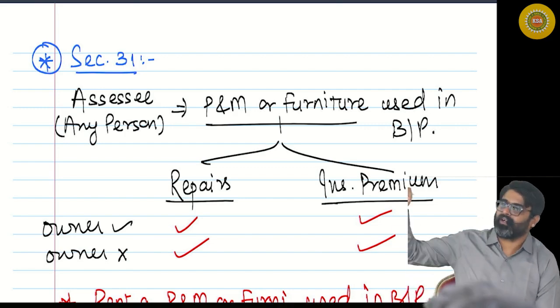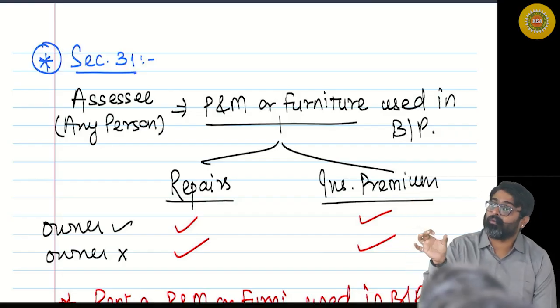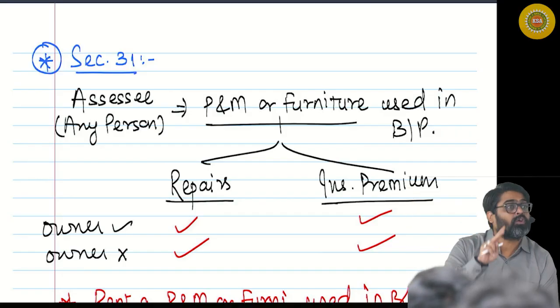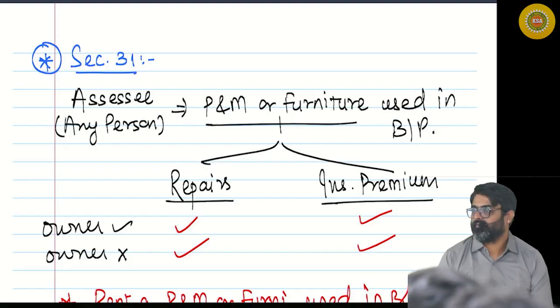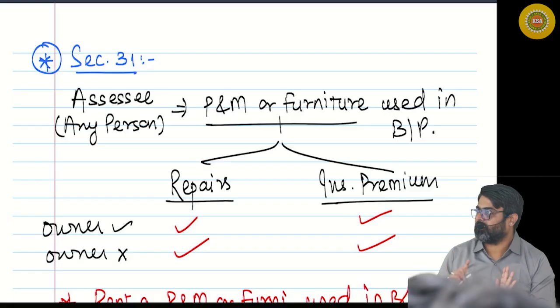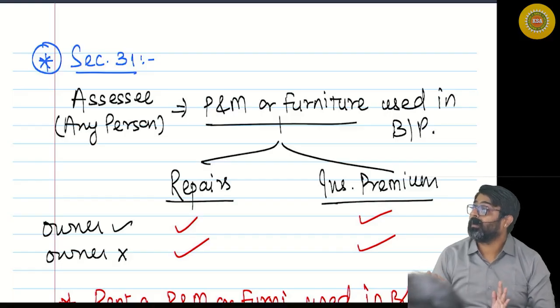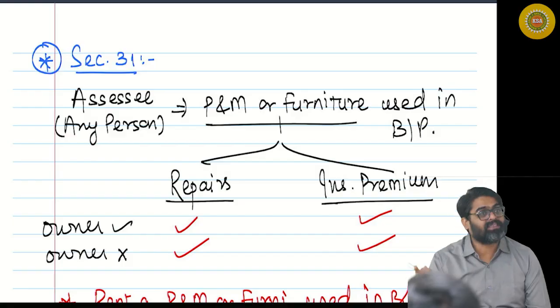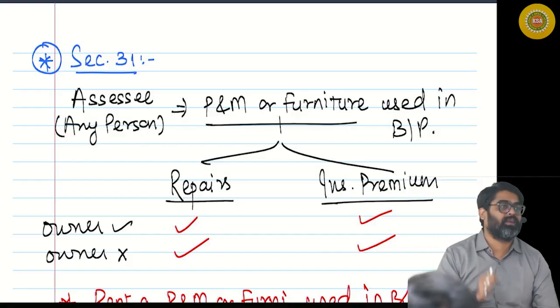So this section 30 specifically talks about 4 expenses. 31 specifically talks about 2 expenses. So whenever I take the deduction for these expenses, I will refer that I am taking this deduction as per section 30, or as per section 31.